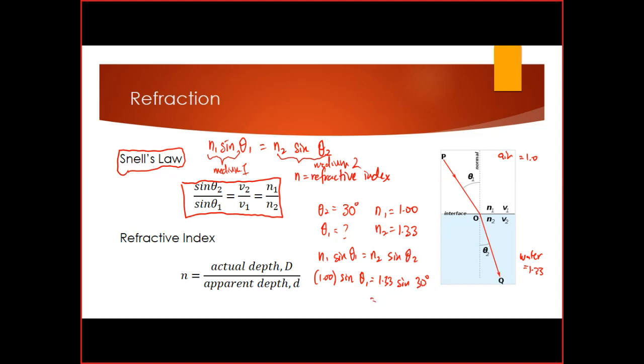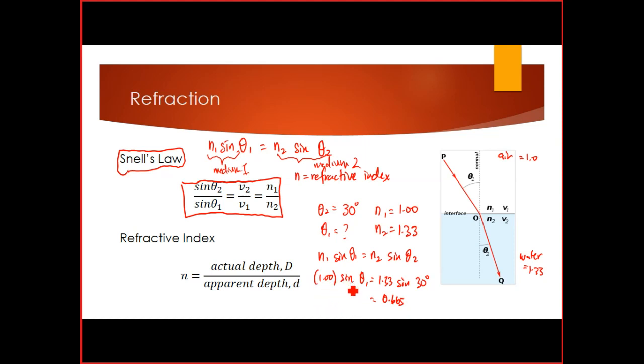Let me get my calculator. 1.33 times sine 30 degrees. Make sure your calculator is in degree. How do you know? On the top of your calculator, it should say D. If it says R, then it is in radian, so change it first. I have 0.665 here.